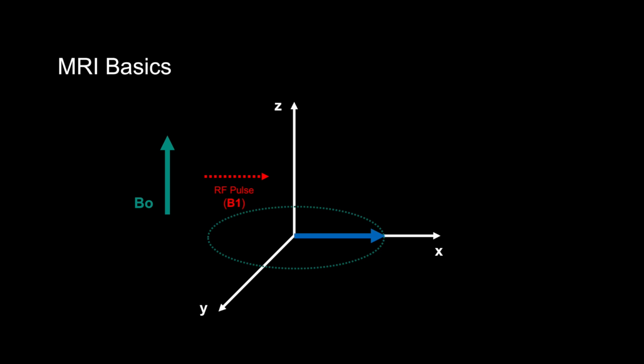And as mentioned earlier, we detect signal in the xy plane with a coil detector. The varying field in the xy plane towards, then away, then towards, and as it precesses, is going to create a varying magnetic field that's going to create a current in this coil, which is the MRI signal itself.